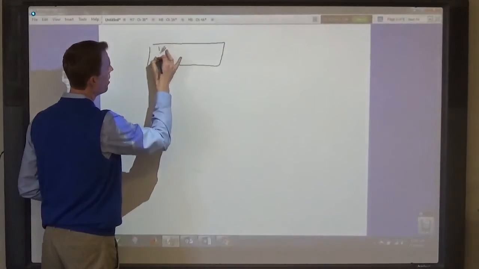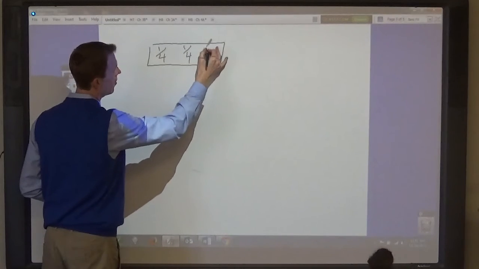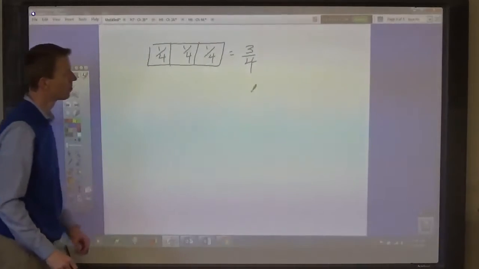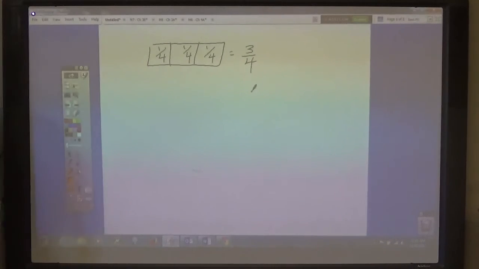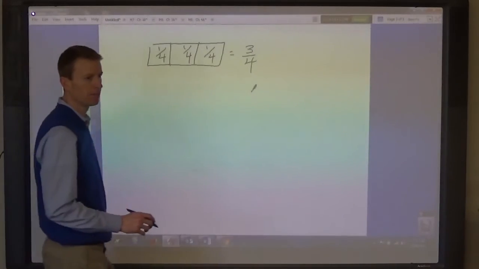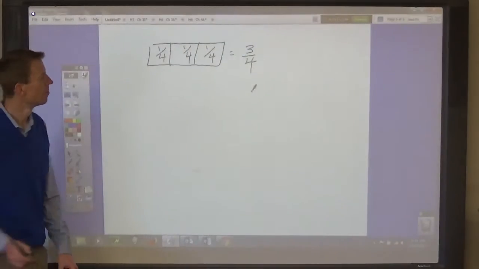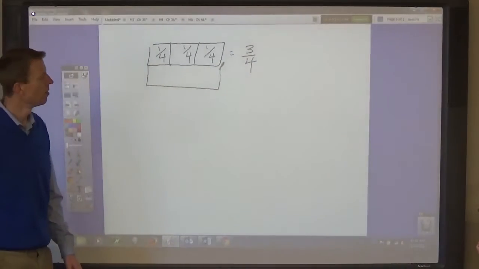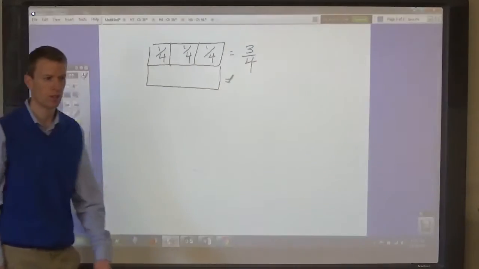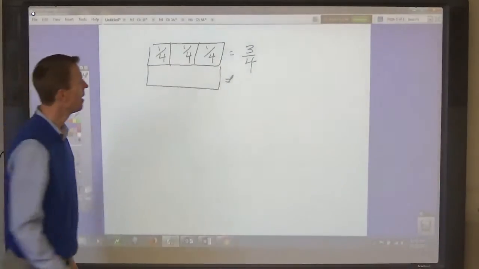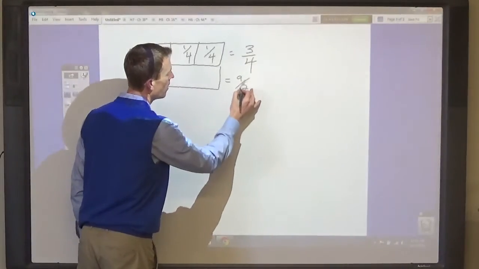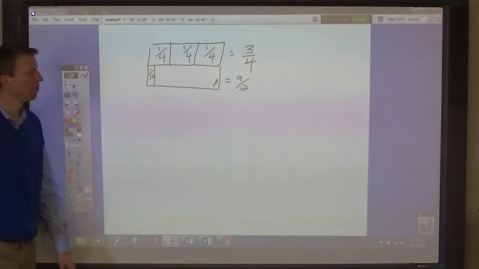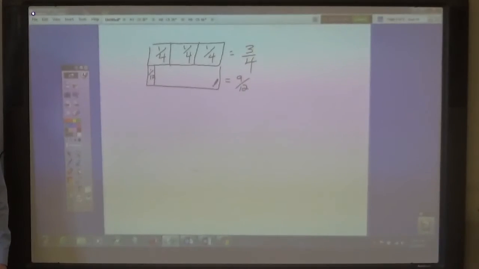There's a block and each one is 1/4. So this equals 3/4. And that's equal to what? On the bottom of that, it's equal to 9/12. Yep. Each of those is cut into 12ths, and then there are 9 of them. So those are equal amounts. Okay?